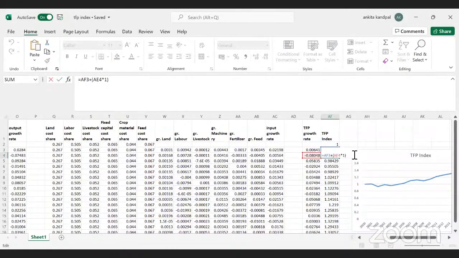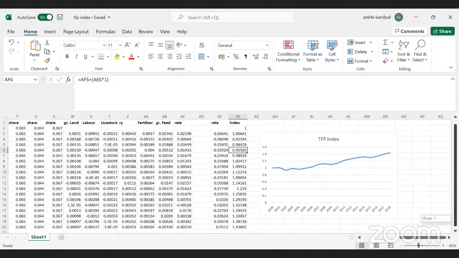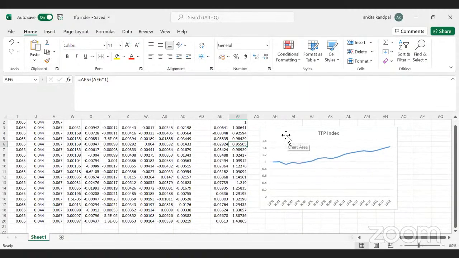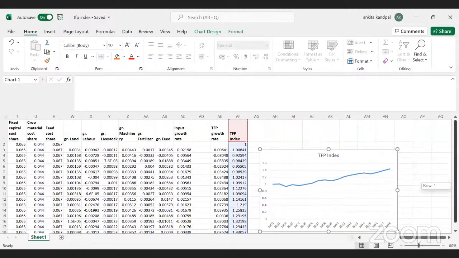Similarly, the index of 2002 will be the TFP index of 2001 times 1 plus the TFP growth rate in 2002. The same is done for each year. So this is how the TFP index has grown from 2001 to 2018.